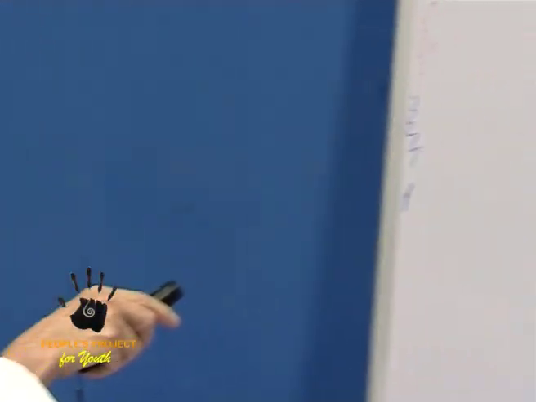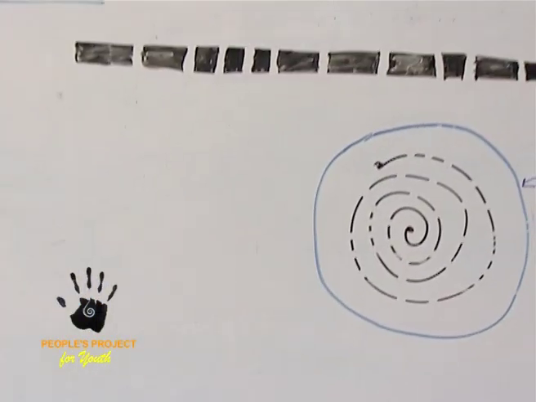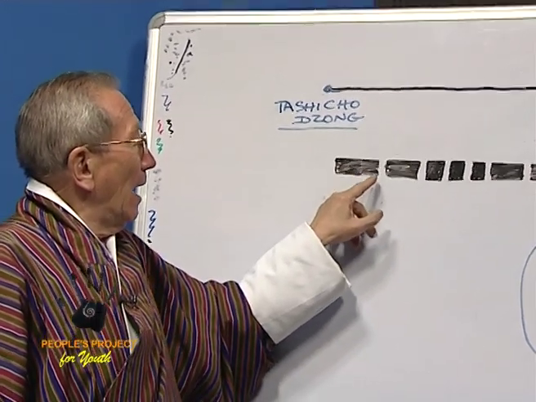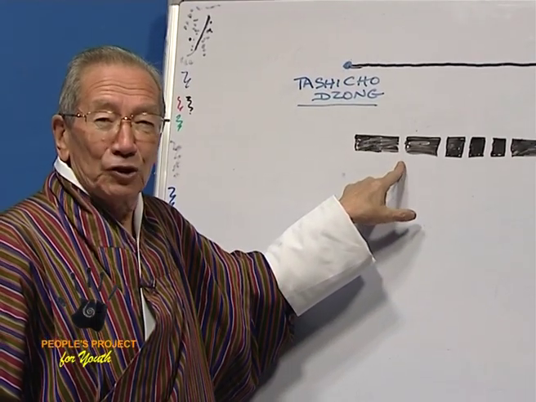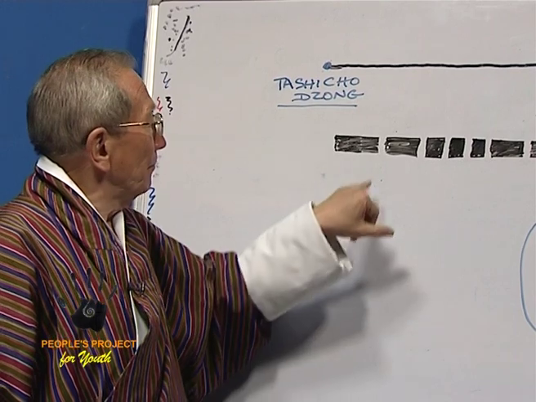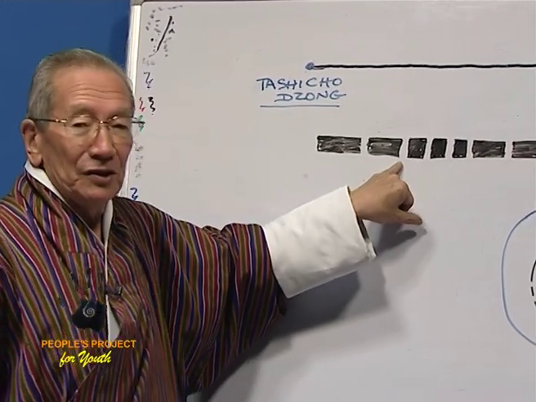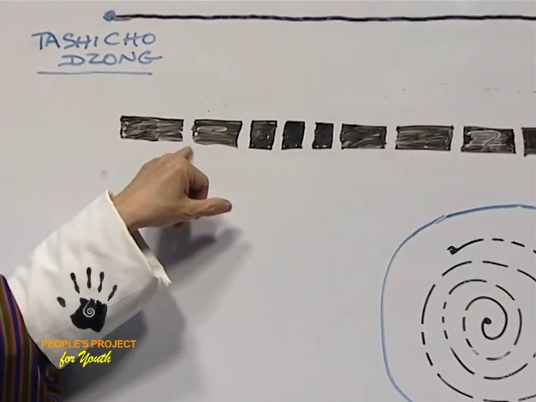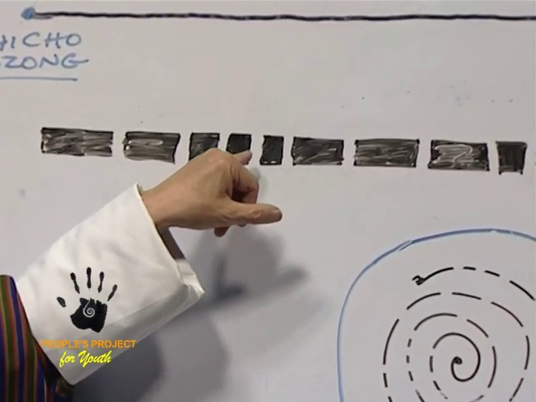Let me begin by inviting you to think about a black line, and here on the board I've drawn a black line. Now, here I've drawn an enlarged view of this black line, and you'll see that in some places I've wiped the black away, and so it's black, white, black, white, black, white.